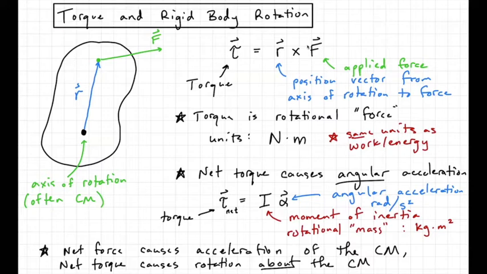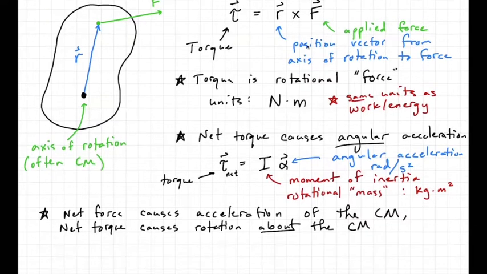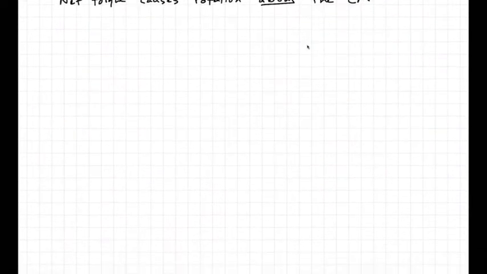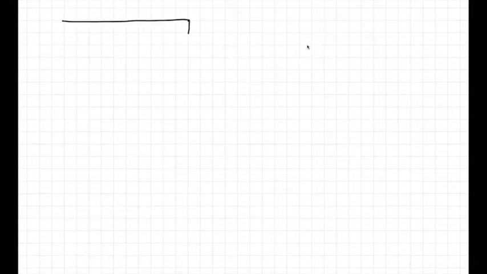Okay, so those are kind of key interpretive points about torque and its meaning and what we're using it for. I want to show a quick example here of how to think about what torque is doing. So if I have a rod, let's say, or a stick, if you like, here's a stick, and I fix that stick so that it rotates right about its center.